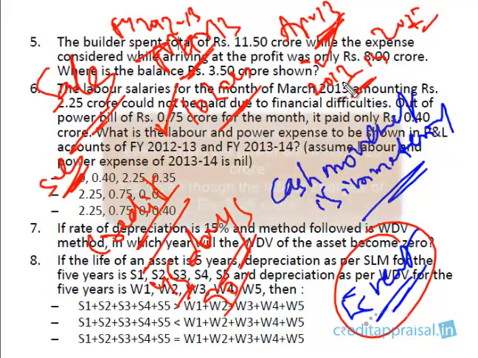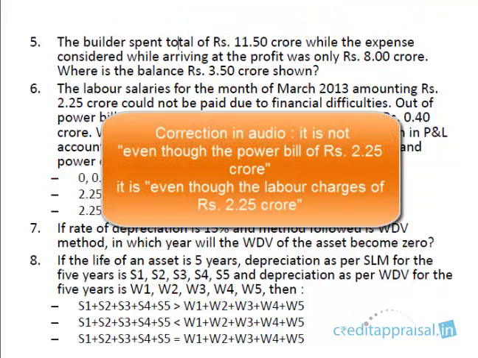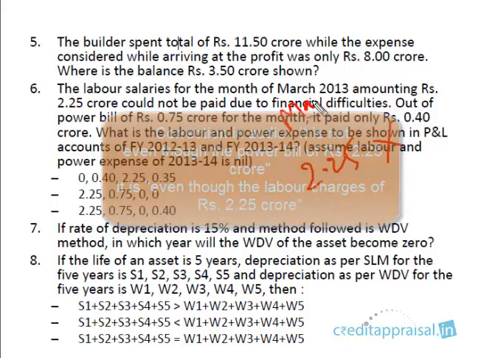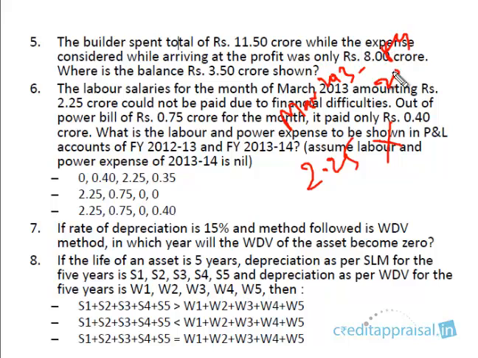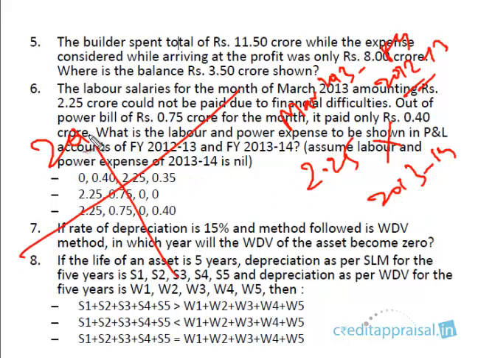So here also, even though the power bill of 2.25 crores could not be paid in March 2013, which pertains to financial year 12-13, and it's going to be paid in the next year, that is 13-14, even then, this expense should appear in the P&L account of 12-13 under the expense of power. This 2.25 should come, even though you didn't pay. Why? Because this is pertaining to the production of March.